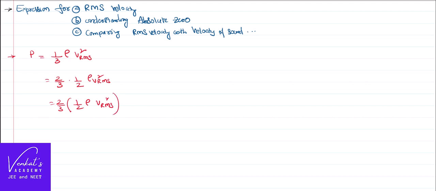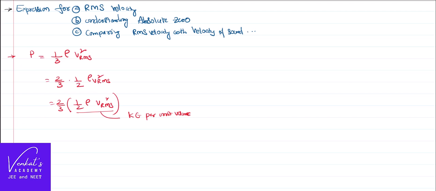So it is like half mv square, that's a representation of a kinetic energy, but what is missing here is that density is equal to mass by volume. So it's kinetic energy per unit volume. This is what we are talking about: kinetic energy per unit volume.